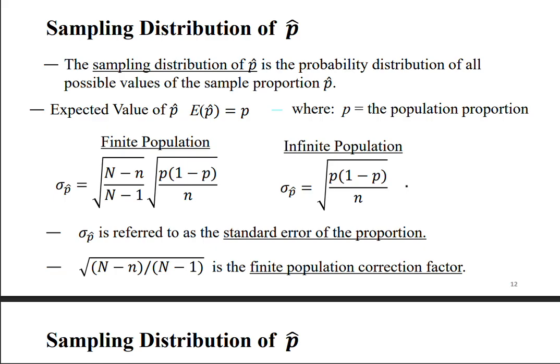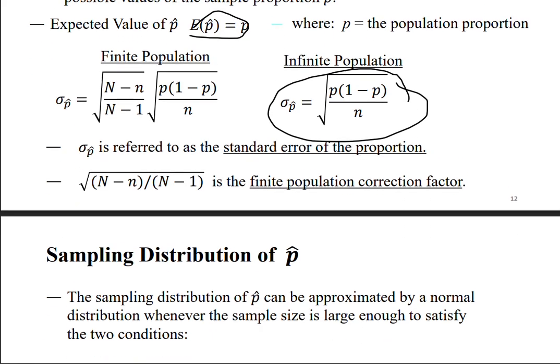Our infinite population standard deviation that we will be using is this formula here, just like we did for the infinite population in the case of quantitative variables. For qualitative variables, this will be our formula for the standard deviation of the sample proportion, and this will be the mean of the sample proportion.